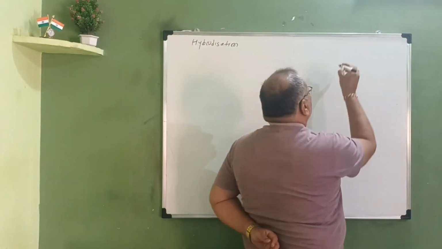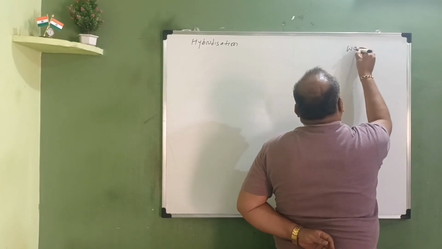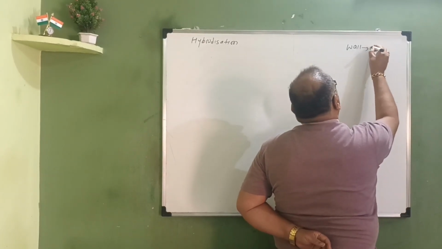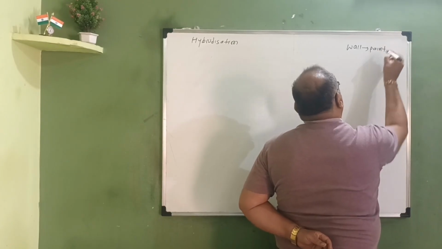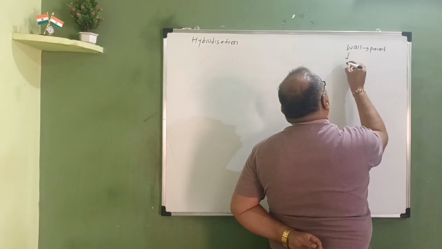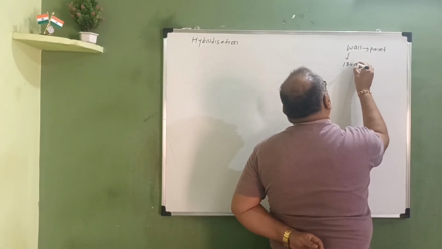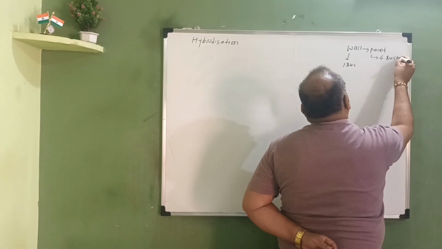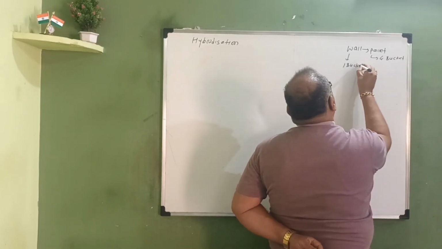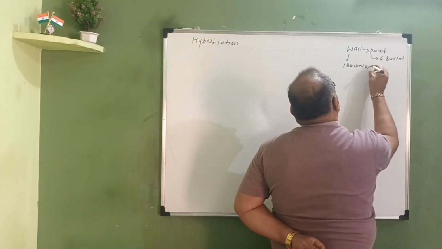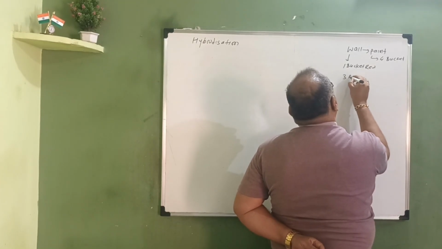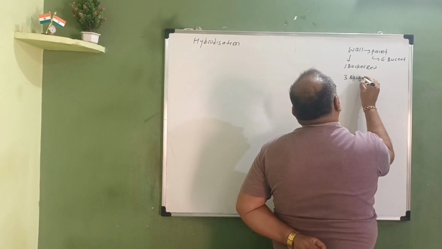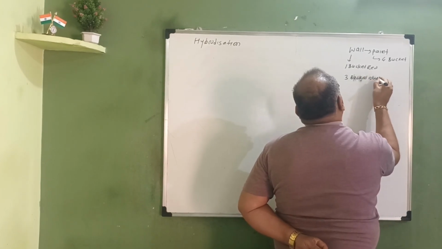Suppose let us consider one of the walls. Suppose you want to paint it. We have one bucket and it requires 4 buckets of paint. Suppose we have one bucket of red color and 3 buckets of blue color.